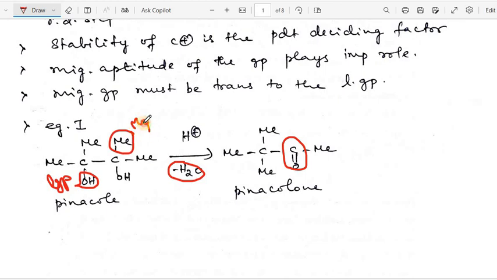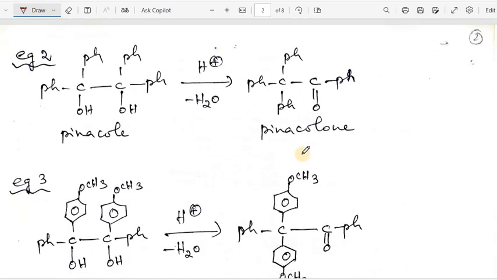Here there is no problem because the carbon possesses similar groups, that is methyl. Therefore, this methyl will get migrated and this OH is the leaving group. And after that, this H plus will get removed and we get a ketone as a product, which is called pinacolone.